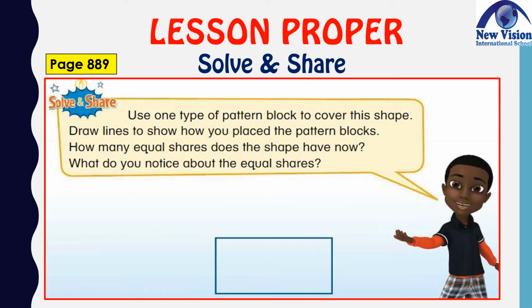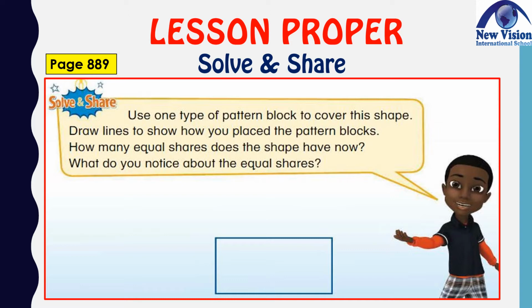What are you asked to do? Cover the shape with pattern blocks that are all the same and then find how many pattern blocks or equal shares cover the shape. Then tell what you notice about the equal shares. What tools do you have to cover the shape? Pattern blocks.